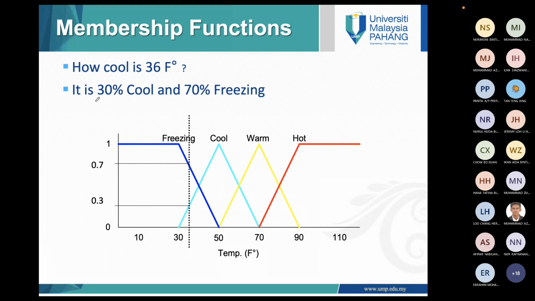It is 30% cool, because we get the value here. You see the turquoise line belongs to cool, right? The blue line belongs to freezing. So it is 30% cool and 70% freezing.